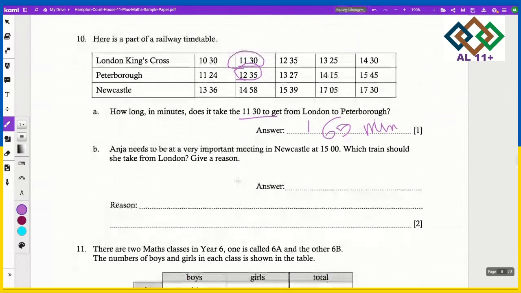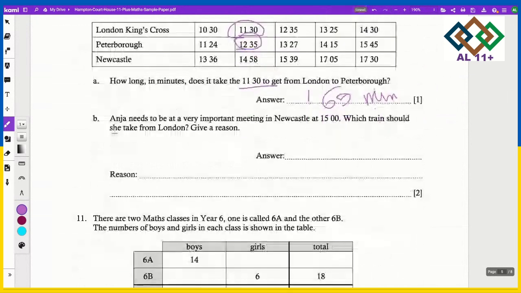Now they are saying Anju needs to be at a very important meeting in Newcastle at 3. What train should she take from London? She has to leave at 3. Give a reason.